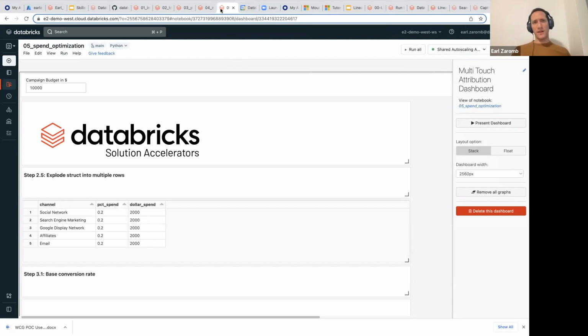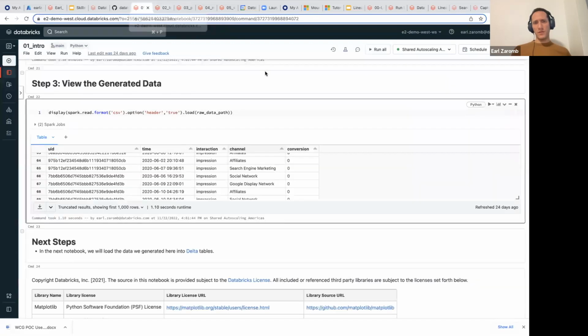All you need to do is construct your data in a way that looks similar to what we showed you here in our notebooks, and then you can leverage a lot of the notebooks as is to get to the level of insight that you need.